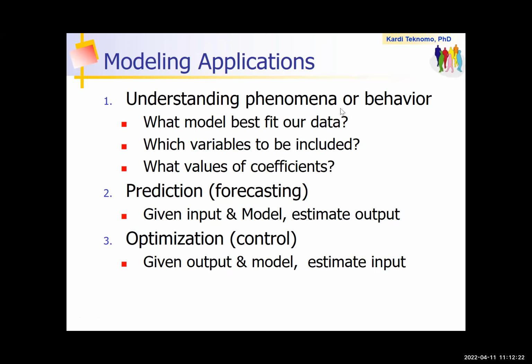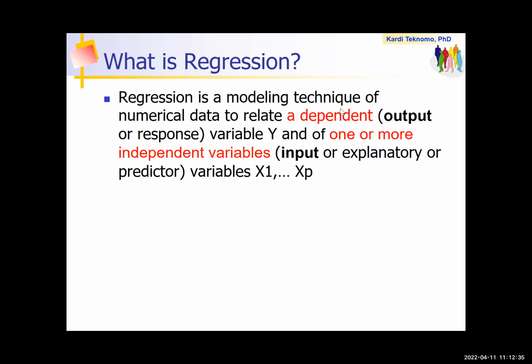Second is to do prediction, and the last one is to do what is called optimization or control. And regression is basically a modeling technique for numerical data. So the data must be quantitative.